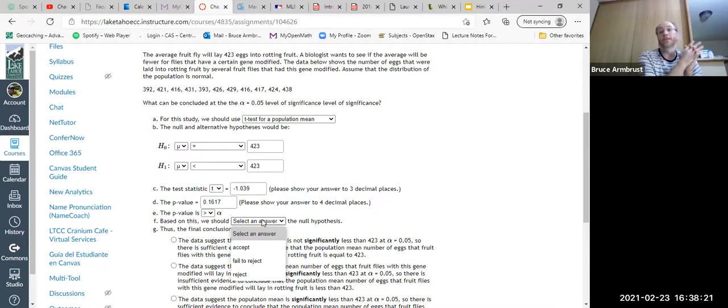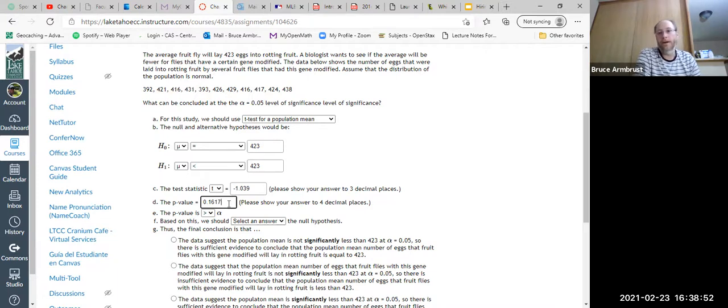All right, well, let's see if we can reason this out then. Think about that 0.1617. That's 16%. What that means is that 16% of the time, if you were to go randomly look at a sample of size 11, you would get a result like this. 16% is around 1 out of every 6.